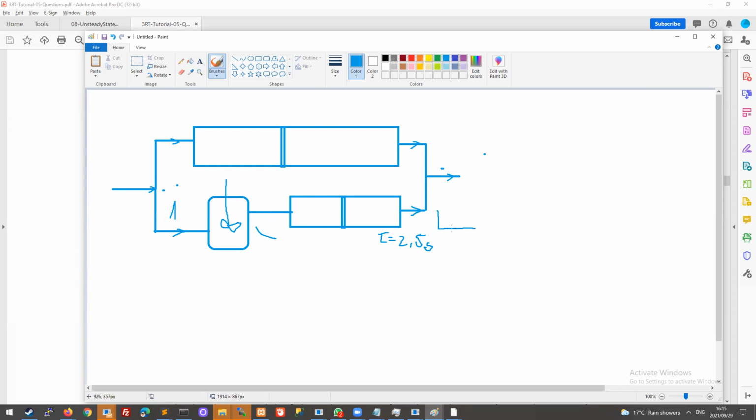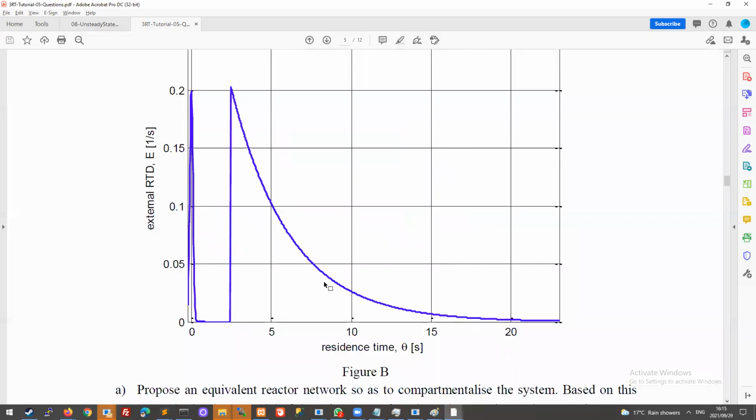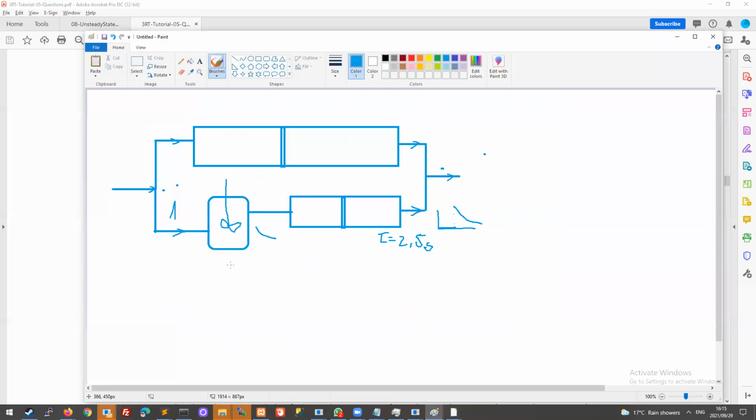So you will still get 0. The PFR, even though it's second, will still put its delay in front, and then the whole exponential decay will be delayed like that. So we can't actually figure out whether this should come first or that should come first. You'll get the same result. Your measurement will be the same.